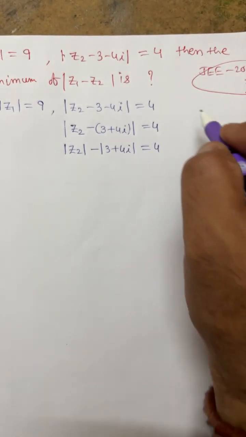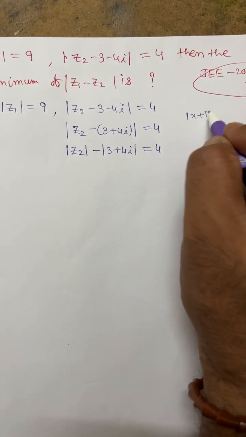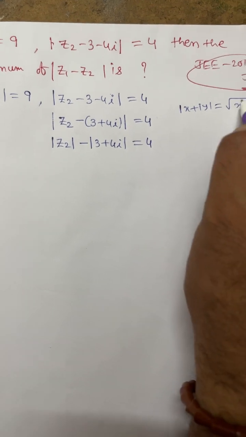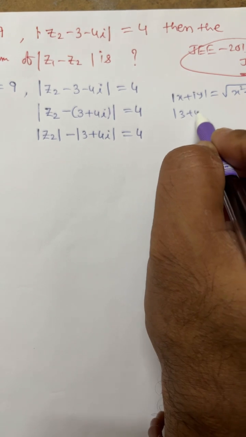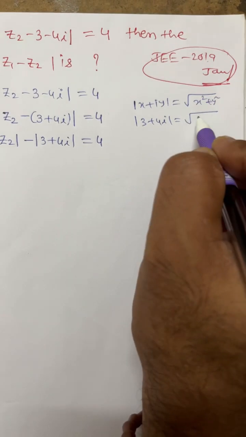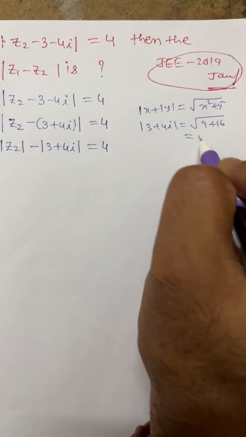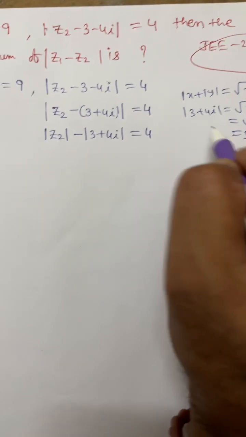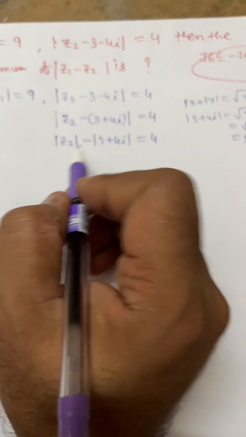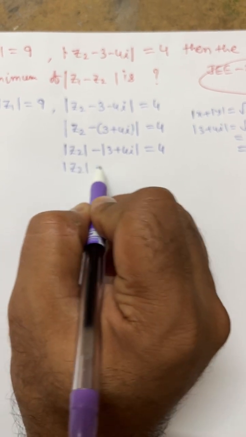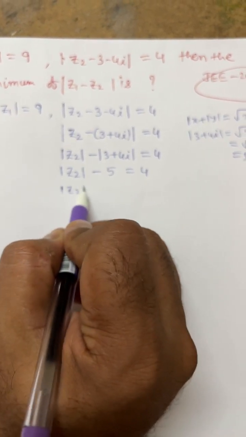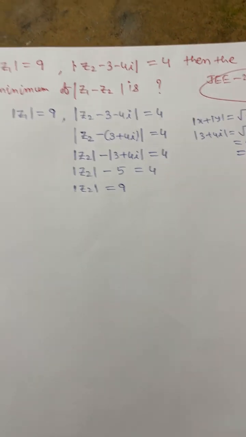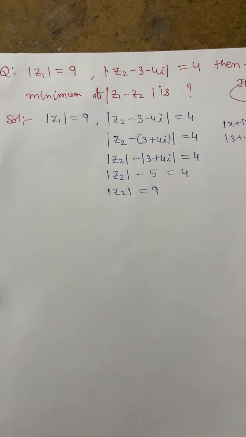Modulus of a complex number, we know that mod x plus iy is equal to root over x square plus y square. Similarly, mod 3 plus 4i, we can write as root 9 plus 16, that is equal to root 25, which is 5. So in place of that, we replace: mod z2 minus 5 is equal to 4. So mod z2 is equal to 9. So we got the z1 value and z2 value.